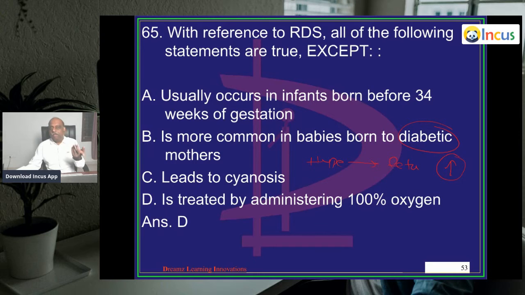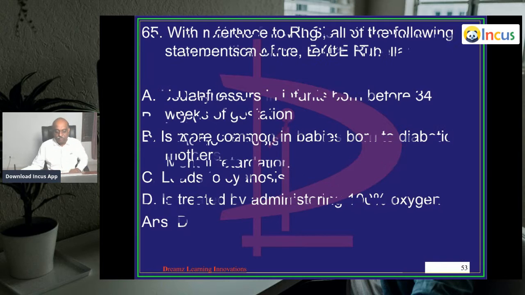Hyperinsulinemia in the fetus will prevent the production of the surfactant. That's the reason it's more common in babies born to diabetic mothers. It can lead to cyanosis, but don't give 100% oxygen. Oxygen is a drug. Oxygen is a poison. That's what you need to remember.